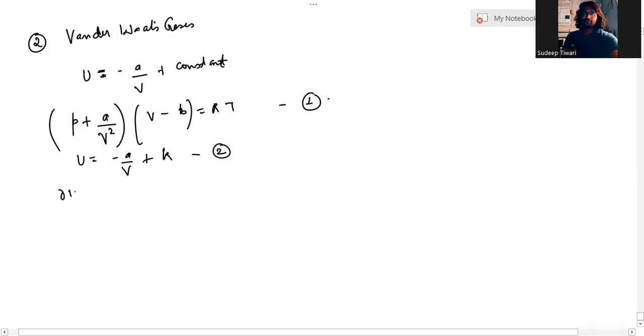So clearly now we can see that del U by del V at a constant temperature is not zero, rather it is A upon V square. So this is equation number 3. Now clearly Cp minus Cv was equal to P del V upon del T at a constant pressure.